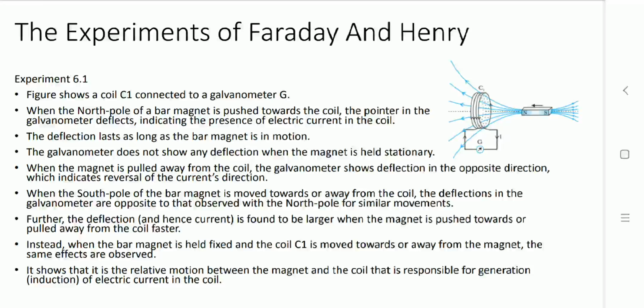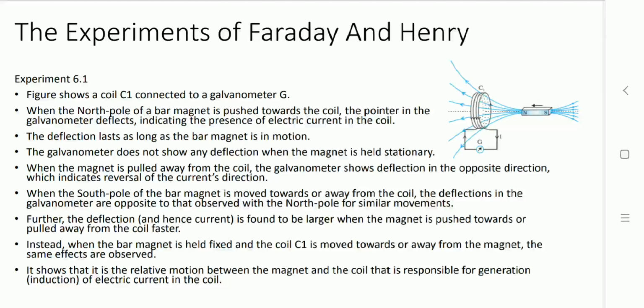While we move the bar magnet towards the coil, we get a deflection in the galvanometer, which shows that electric current exists.